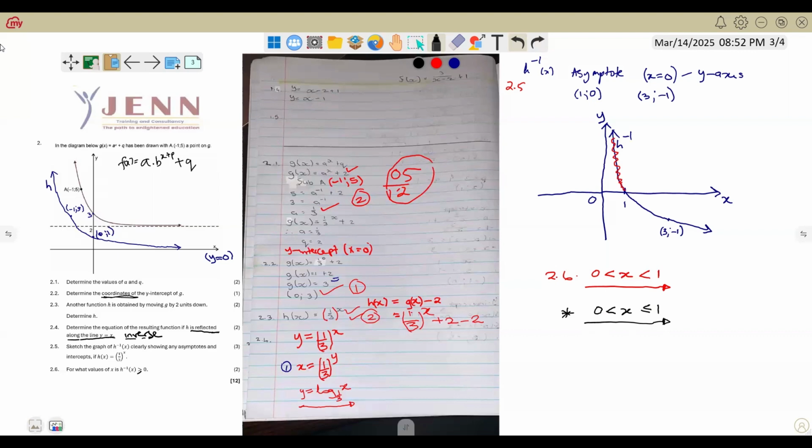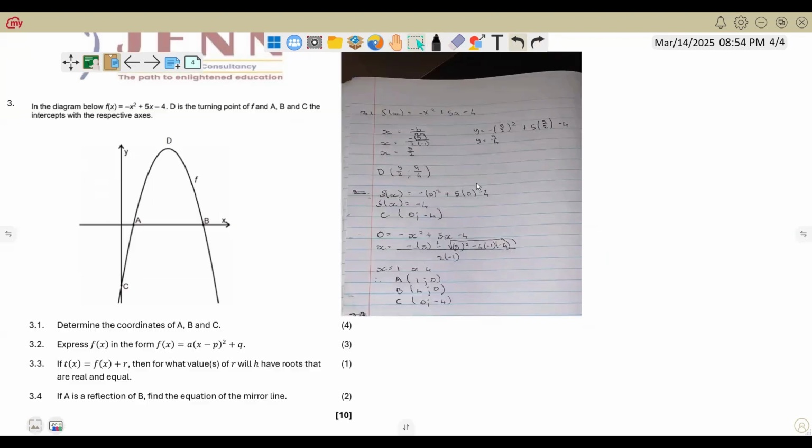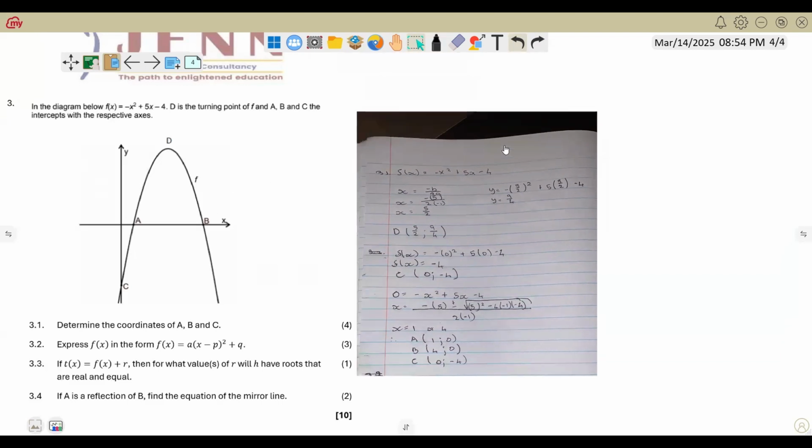Okay. Let's go to the last question. Yes, sir. Can you please read? In the diagram below, f of x is equal to negative x squared plus 5x minus 4.